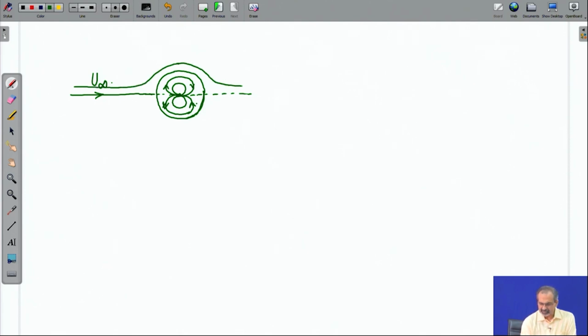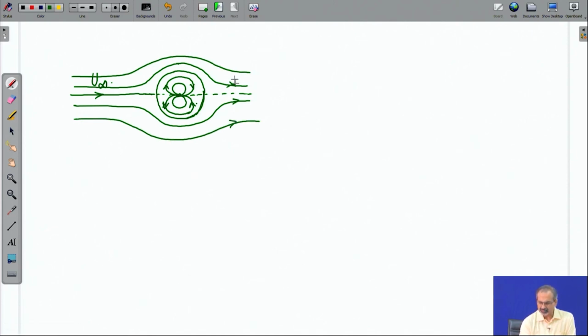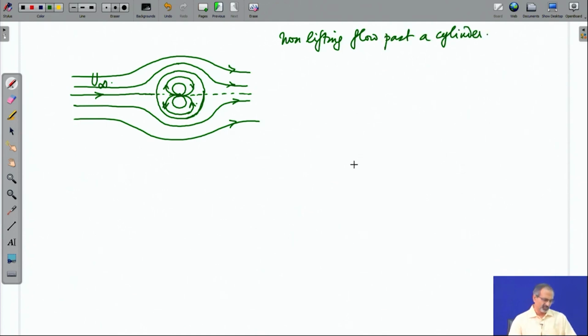What the superposition of uniform flow over a doublet produces is the so-called non-lifting flow past a cylinder. Why non-lifting? Because there is no circulation, there is no vorticity present in this flow. Therefore, there is no mechanism by which potential flow can model lift.